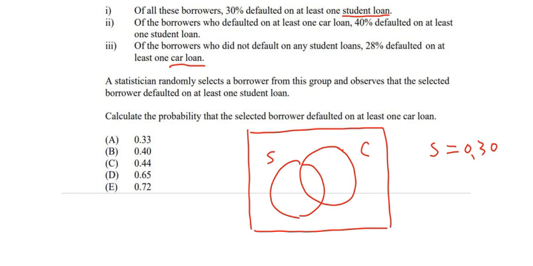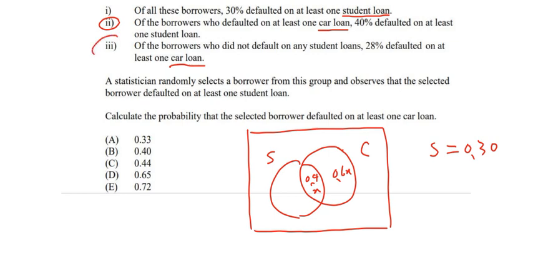Let's check this condition. Among those 40% with a car loan, if this is 40%, then here is 0.4x, and here is 0.6x.